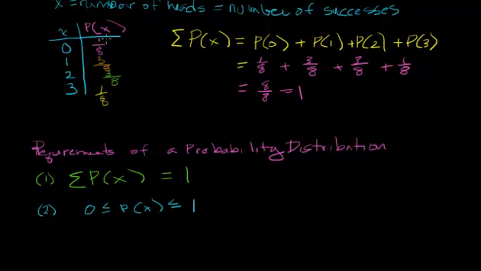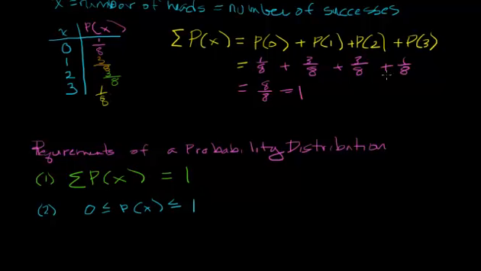Recall that it's a ratio, the number of ways something can happen out of the total number of outcomes in the procedure, and obviously the numerator can never be larger than the denominator, so we won't ever get a number larger than 1, and it won't be negative, so we'll never get a number smaller than 0. Okay, these are very important requirements that you're expected to know, and will carry us through all of our discussions on probability distributions.